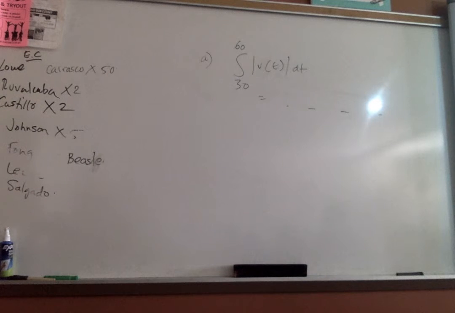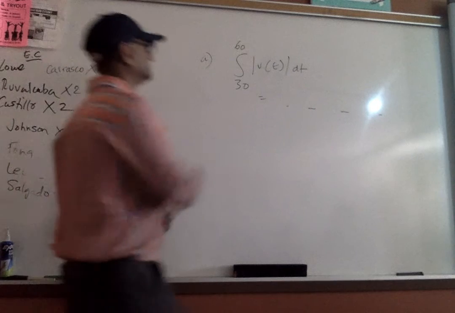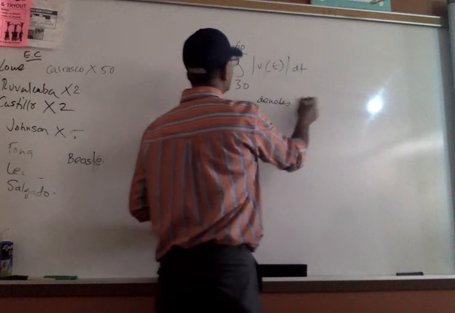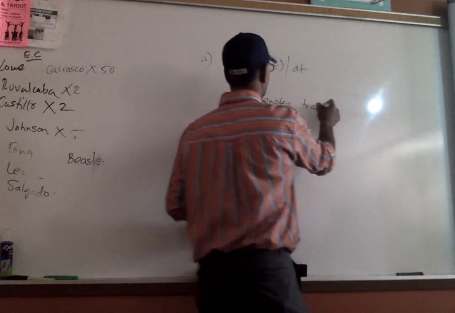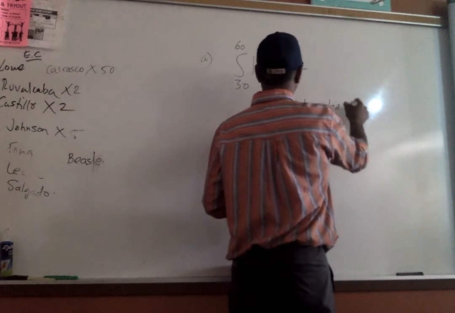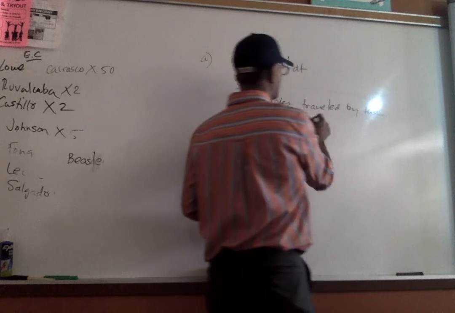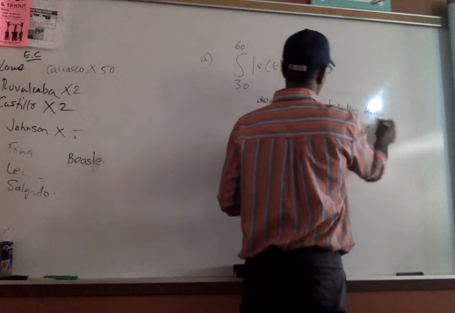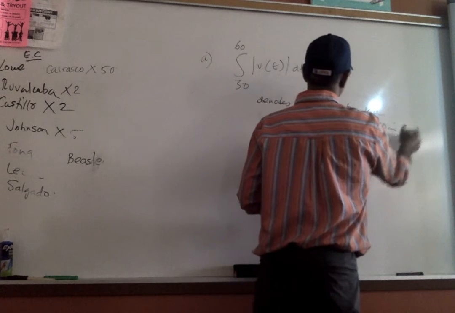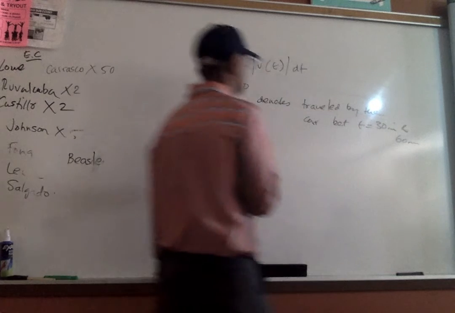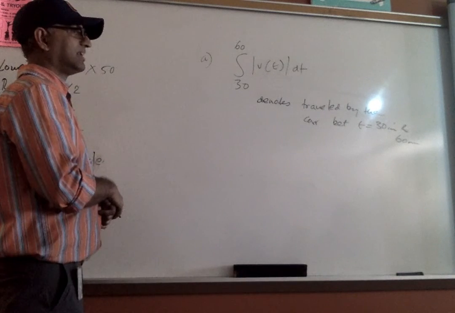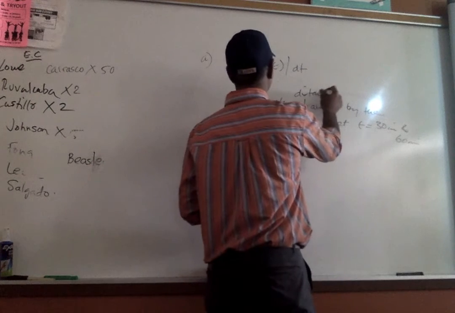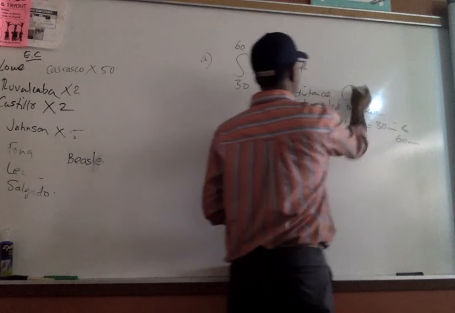It denotes the distance traveled by the car, or distance the car travels. Be more specific. Between t equals 30 minutes and 60 minutes. Read the question again. It says units. What would my units be? In feet. Make a note. Feet.